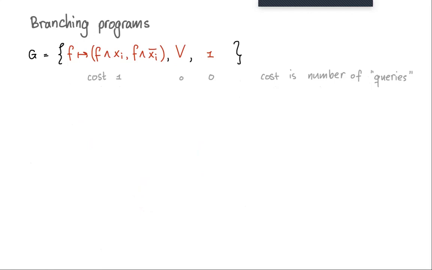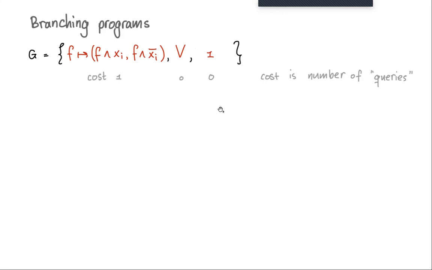And finally, there's the branching programs, which is maybe the most complicated. Here we have a query gate, which takes f and then outputs f and xi, and also f and the negation of xi. It has an OR gate, and it has a gate which produces the constant function 1.